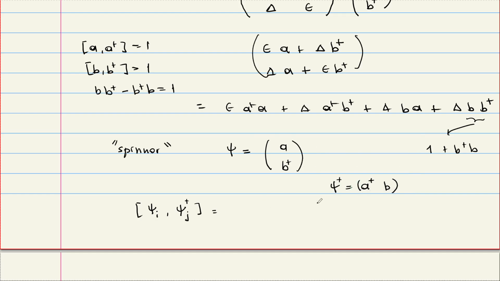A A dagger is going to be 1, right? If this is like a matrix, and A B is 0, B dagger A dagger is 0, and B dagger B, what is B dagger B commutation? Minus 1, right? And that's why I want to write this like some eta ij, and the eta matrix is going to be 1, 0, 0, minus 1. Is this Pauli matrix? Yes, this is sigma z if you want. You can also write it sigma z ij, but I happen to choose eta for this one.